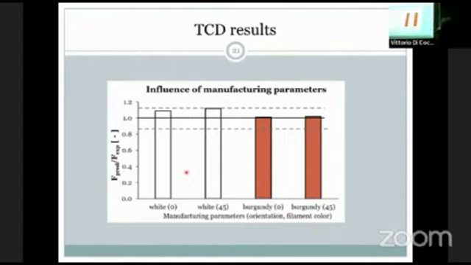And we can see that the predictions are quite good. We used the same values that were determined on the white specimens for the fracture toughness and for the ultimate tensile strength. So probably the predictions could be improved if we try to determine tensile strength and fracture toughness for each set of material filament, and for each set of the manufacturing parameters.